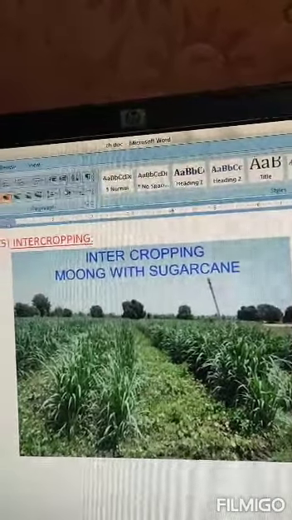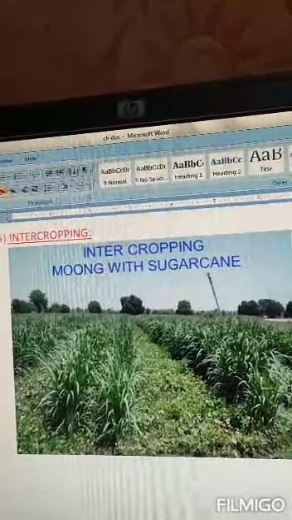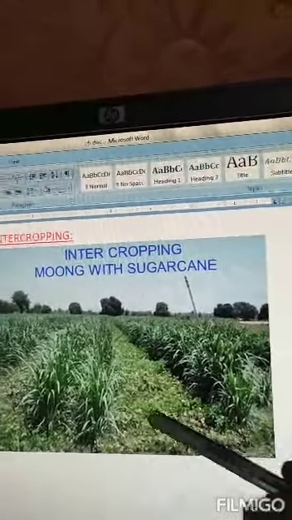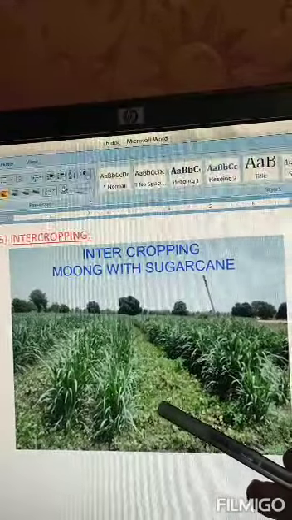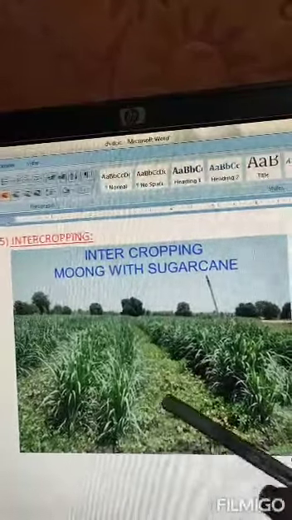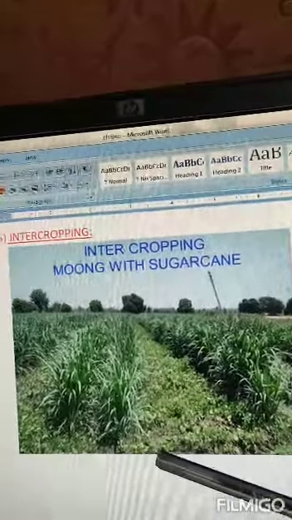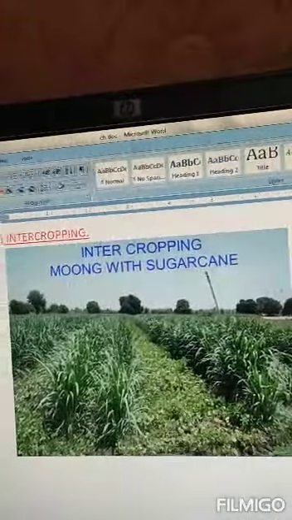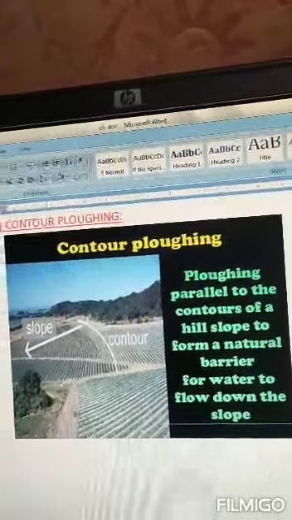So instead of putting minerals by fertilizers, if groundnuts or peas are grown along with these crops, those are called leguminous plants. You have read already in science. Those leguminous plants help in increasing nitrogen of the soil. So such intercropping can be done in the field.